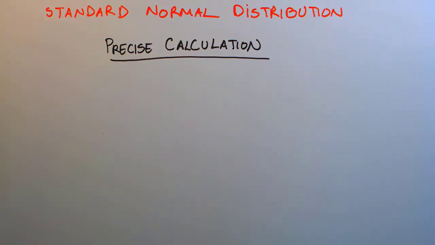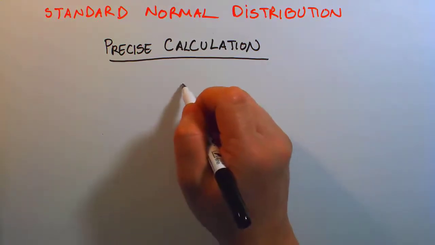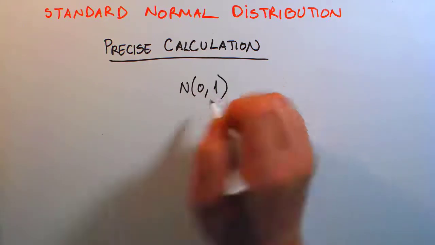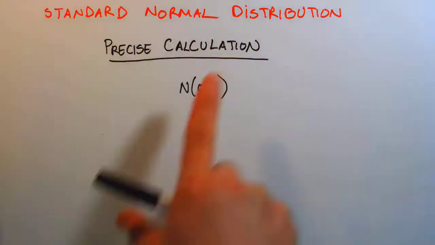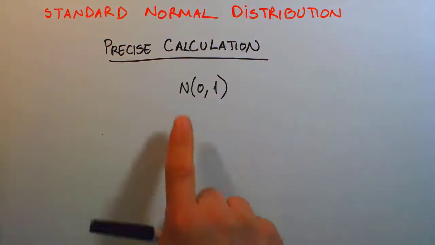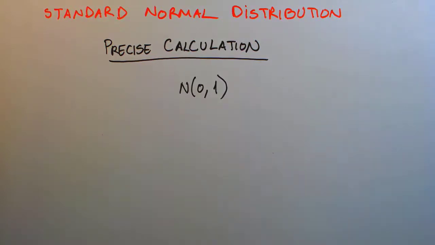Once again, we're on a standard normal distribution, and the aim of this video is to entirely focus on this precise calculation method, based on the standard normal distribution, N(0, 1). The method I'm introducing here is what in my own term I call the left area method.